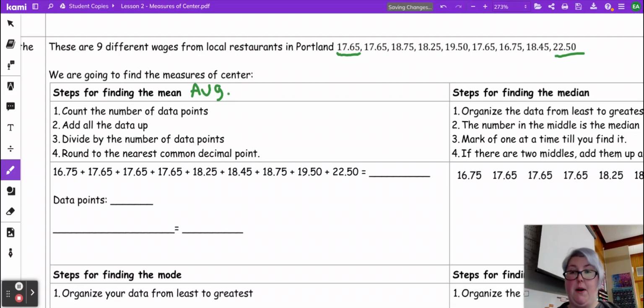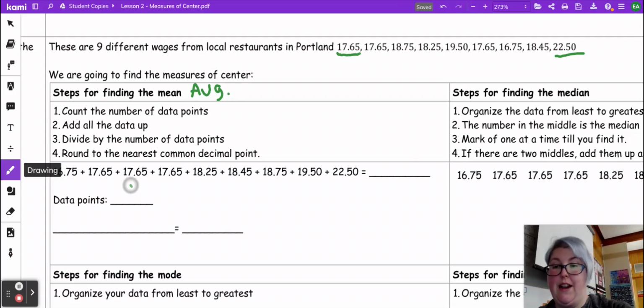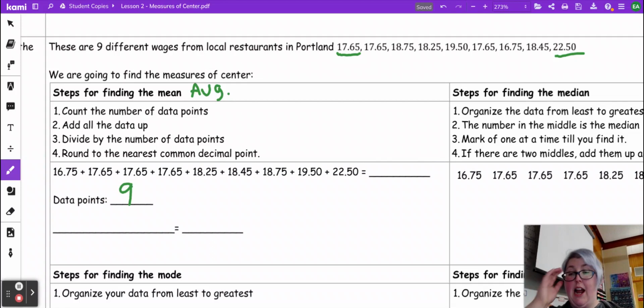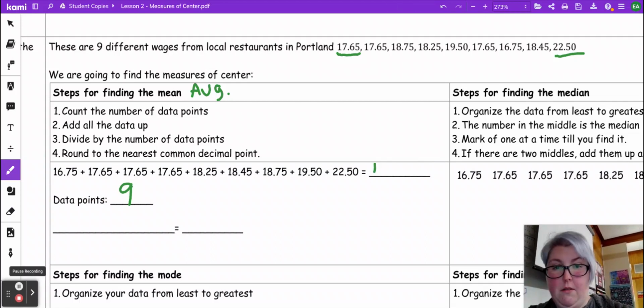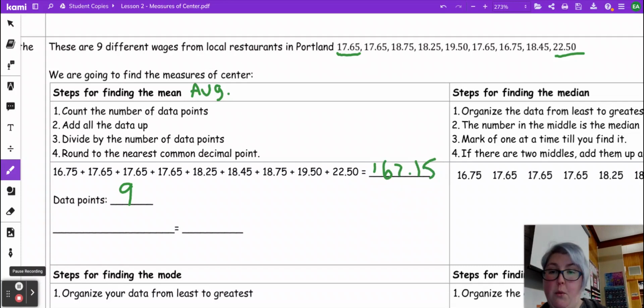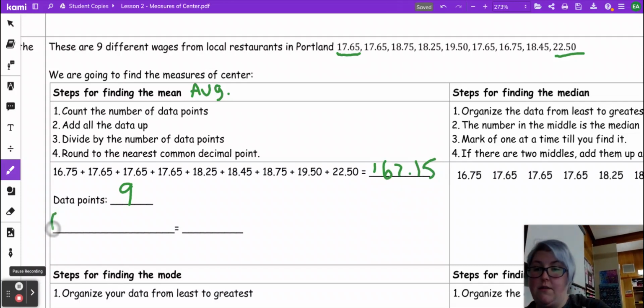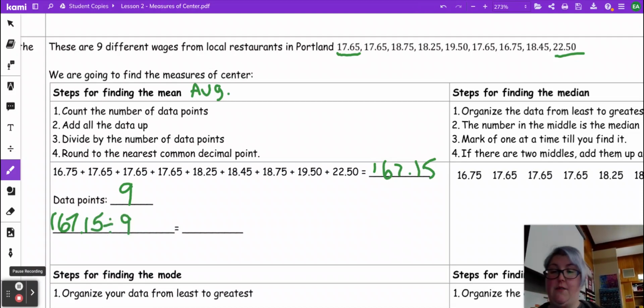We count up all of our data points. We have 9 data points right here, and then we do the math. We add up all of them, and the total is $167.15. Now we divide $167.15 by 9, however many data points we have.